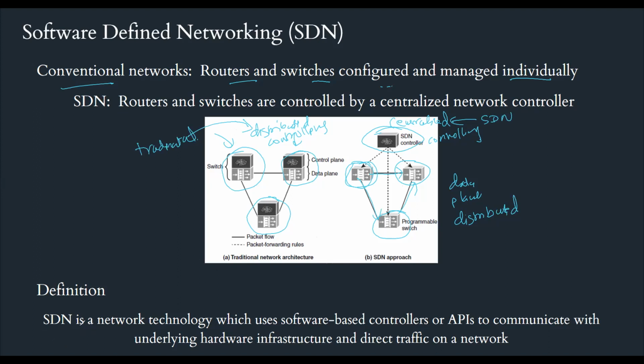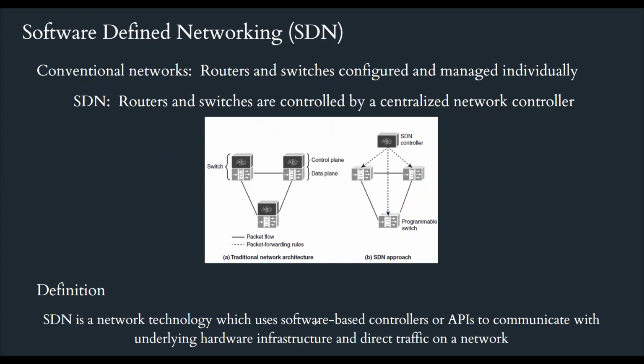Apart from that, SDN is the technology that uses a software based controller or APIs to communicate with underlying hardware infrastructure and direct traffic on a network. I hope you can understand that. It basically means that you are using either software-based controllers or software-based APIs, right?